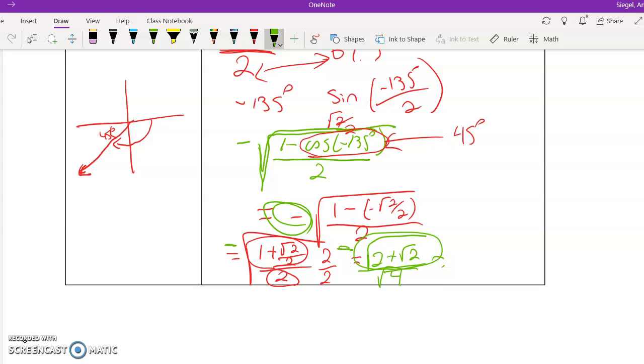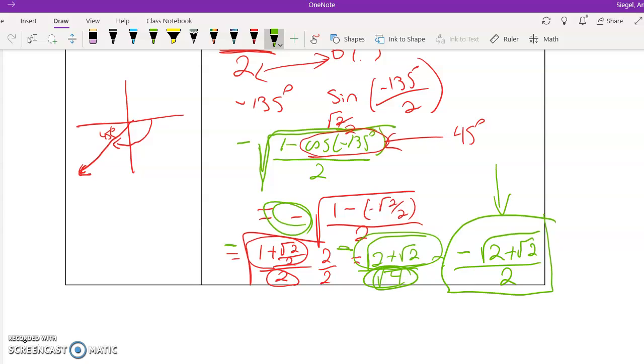And so the final answer is going to be negative square root of 2 plus square root of 2, over the square root of 4, which we can clean up. So we don't have to rationalize the denominator or anything, so that's nice. This is your final answer, even though it looks super duper yucky.